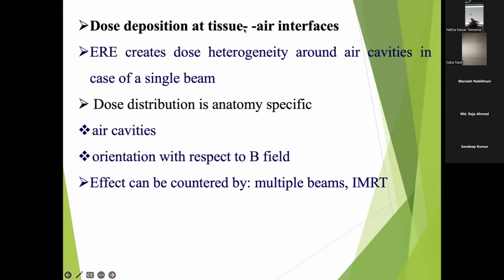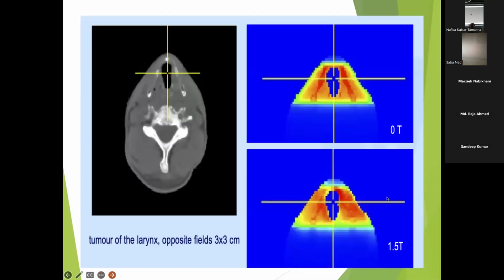So there is dose deposition at the tissue air interface, and this ERE creates dose heterogeneity around air cavities in the case of a single beam. So dose distribution is anatomy specific, and may depend on the air cavities and orientation with respect to the magnetic field. This effect can be countered by multiple beams.